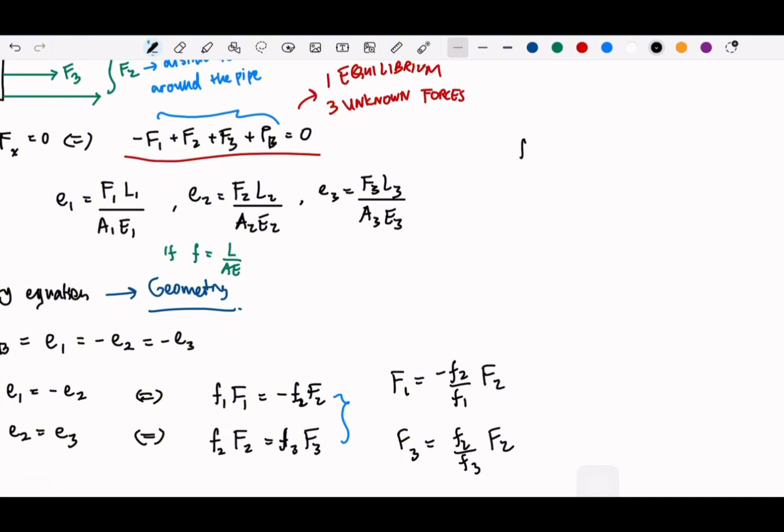Okay, and then we can change everything. So this will be F2 over F1, F2 plus F2 over F3, F2 plus P equals 0.